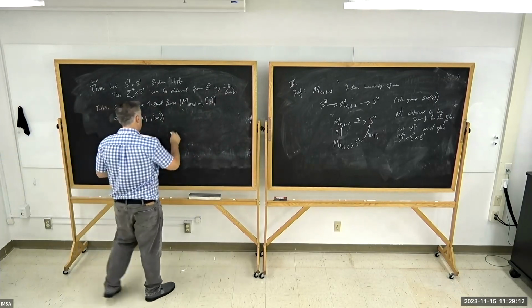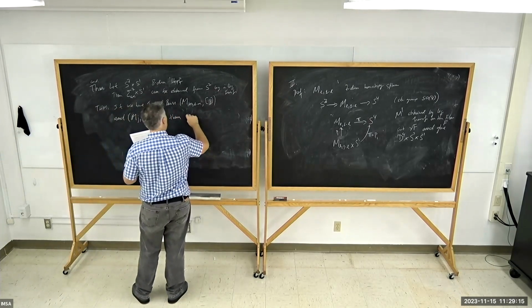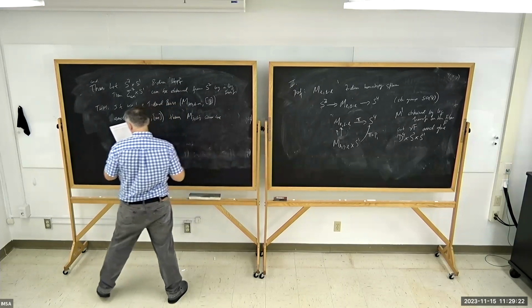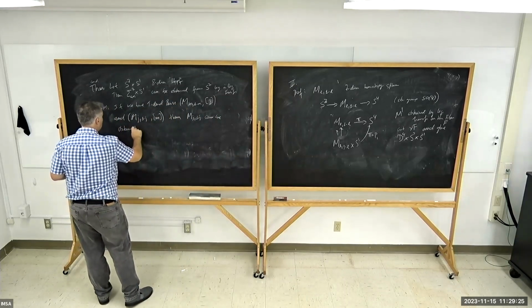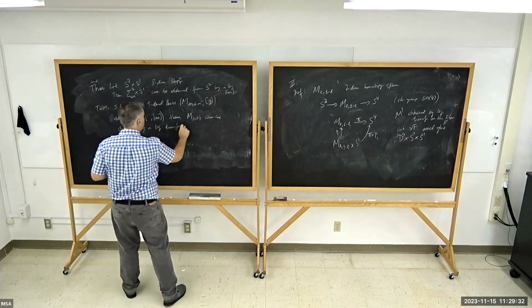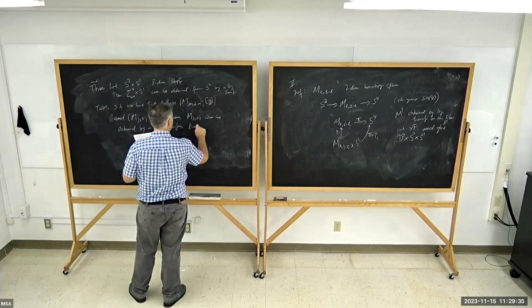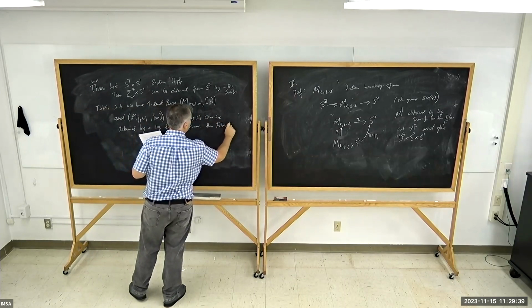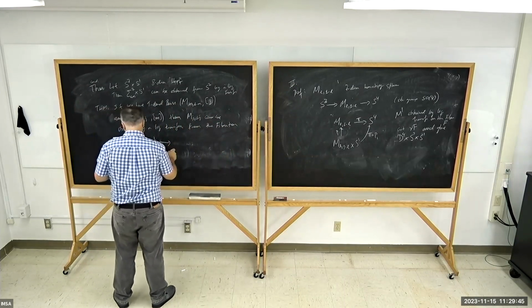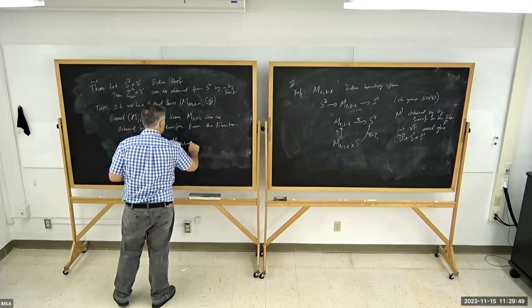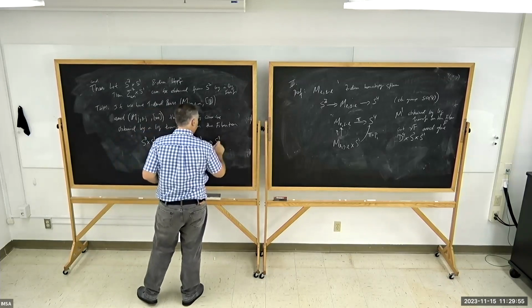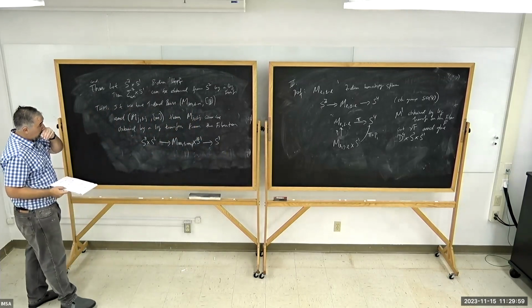Then N_J can be obtained by a log transform from the fibration S3 plus S1 times S1 times S4.